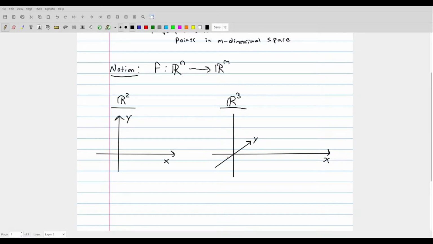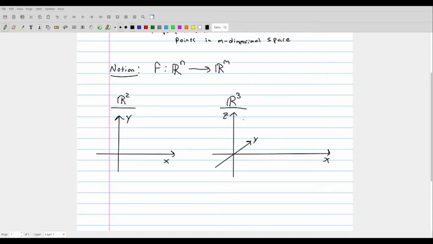So this is three-dimensional. And the z-axis is going up like this. If you take your right hand and make sure your index finger, your thumb, and your middle finger are perpendicular to one another, you can visualize the x-axis as pointing along your index finger, the y-axis along your middle finger, and the z-axis along your thumb.